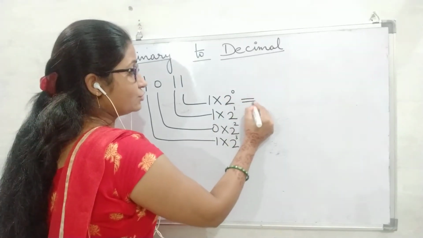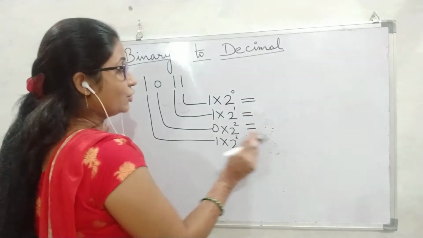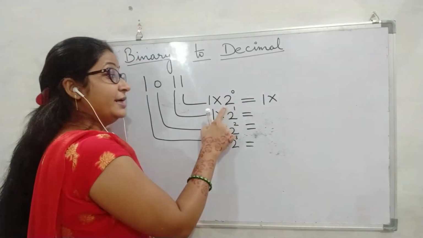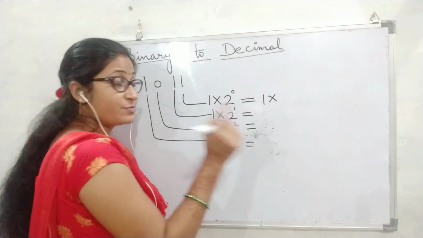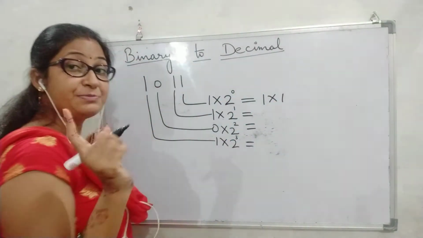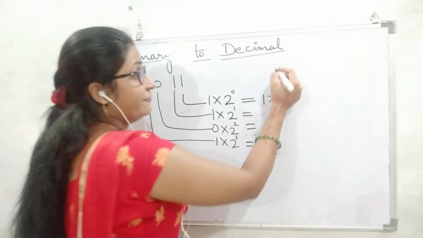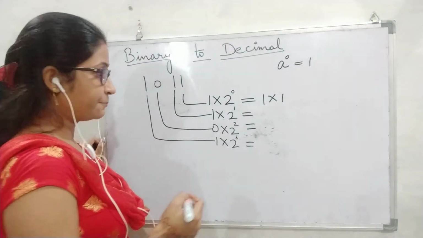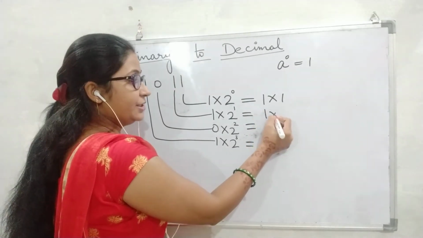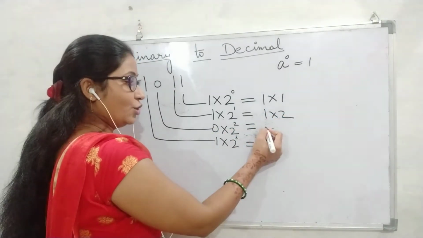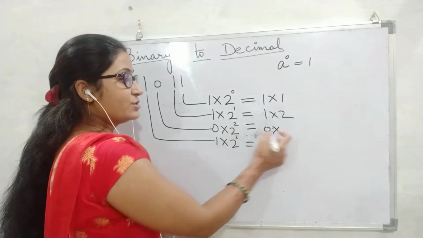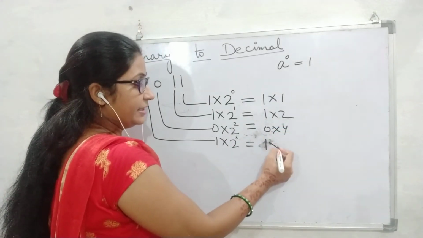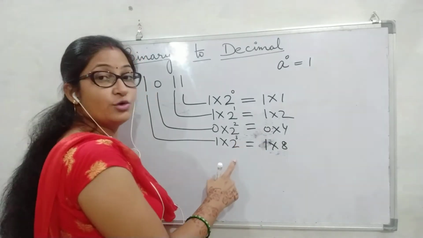Now we are going to solve it. So first digit is 1, so 1 multiplied by 2 raised to the power 0 gives me 1. As per the laws of exponent, which says any number raised to the power 0 is 1. Here I get 1 into 2. Here 0 to be multiplied by 2 to the power 2. And here I get 1 multiplied by 8 because cube of 2 is 8.